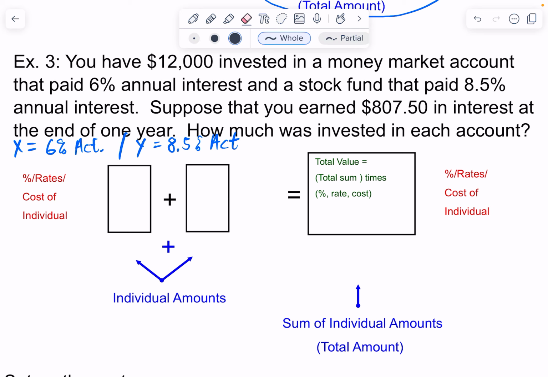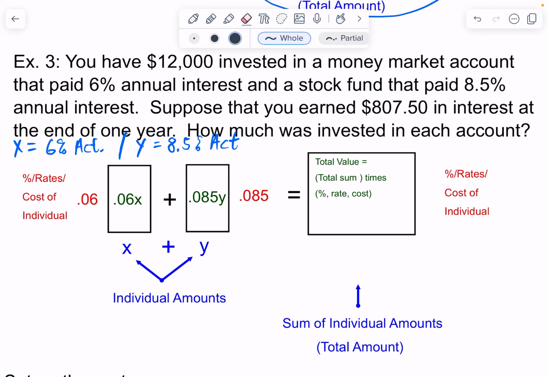My individual amounts: I have X amount at 6%, and I have Y amount at 8.5%. So I have X amount at 6%, which gives me 0.06x. That's my value. And I have the Y amount paying 8.5%, with a value of 0.085y.